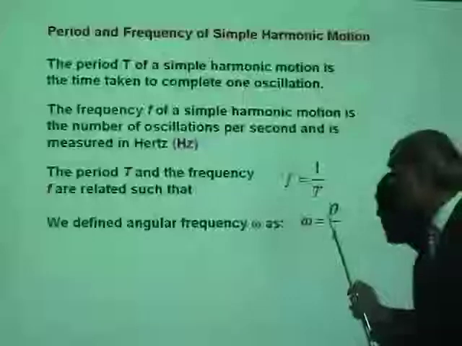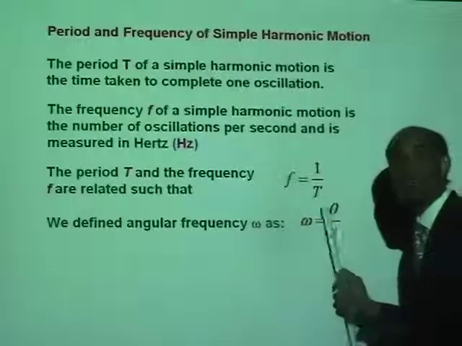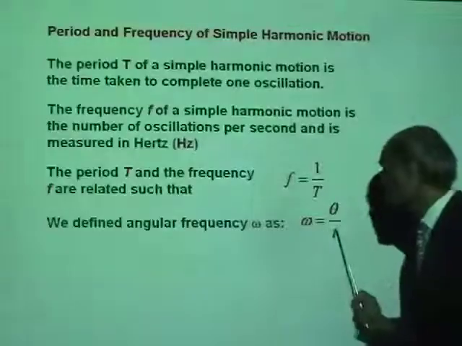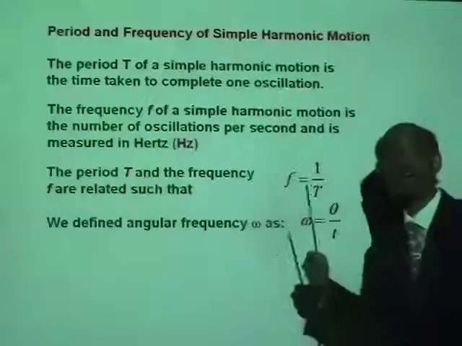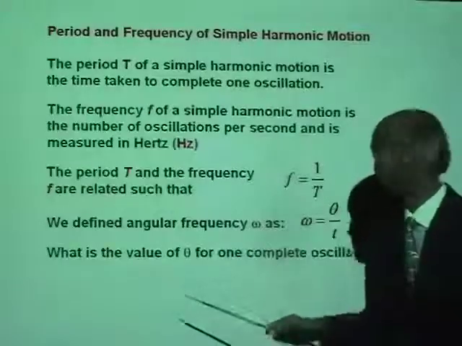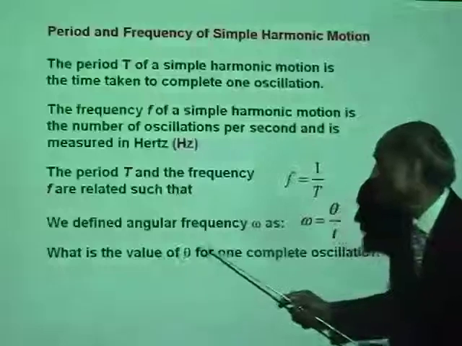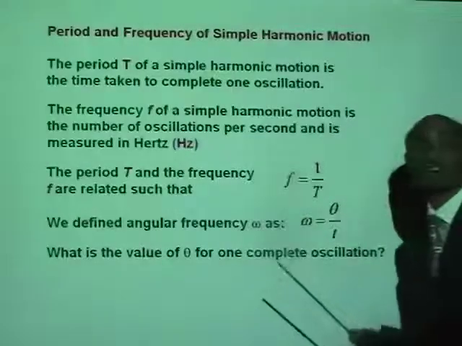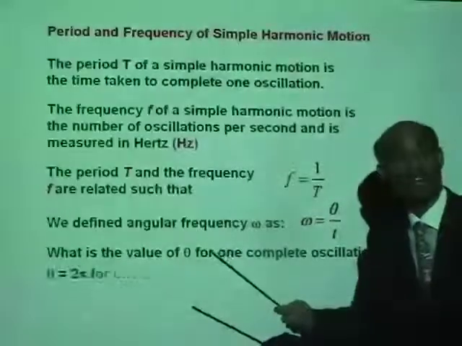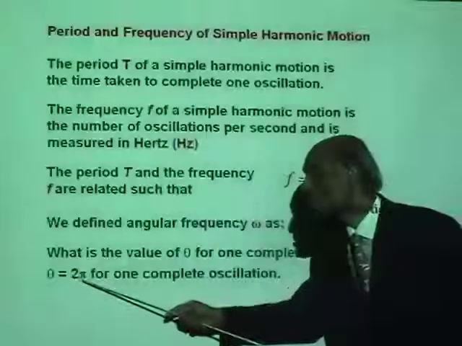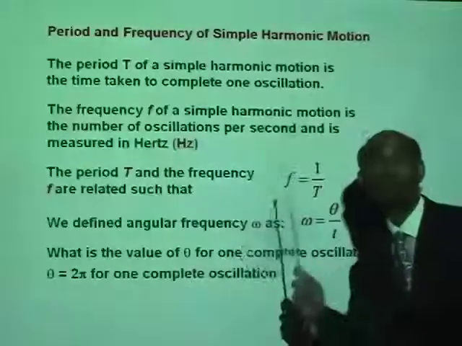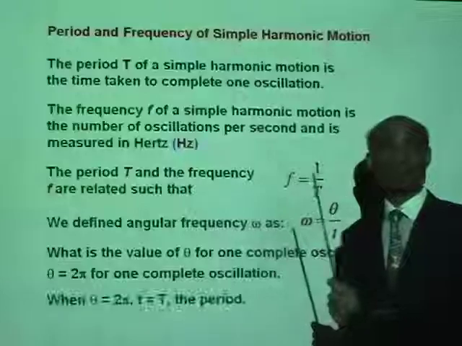Therefore, if I replace this angle theta by 2 pi radians, this time will become 1 period. So, what is the value of theta for one complete oscillation? We already answered that. Theta equal to 2 pi for one complete oscillation.